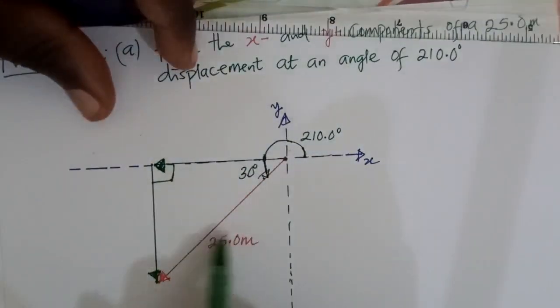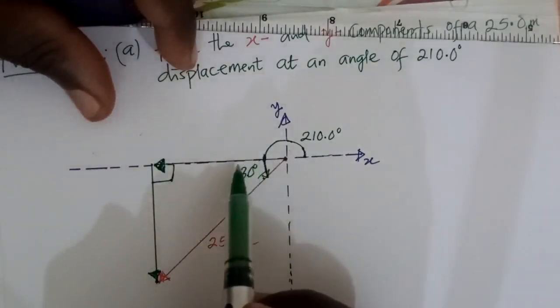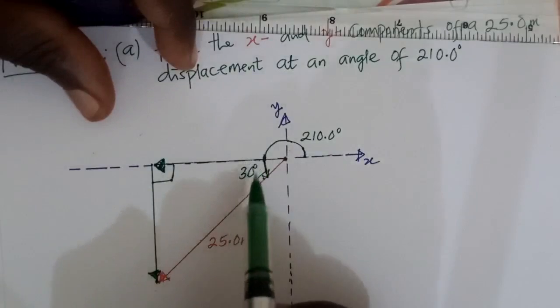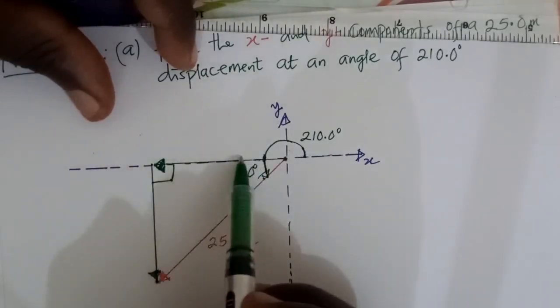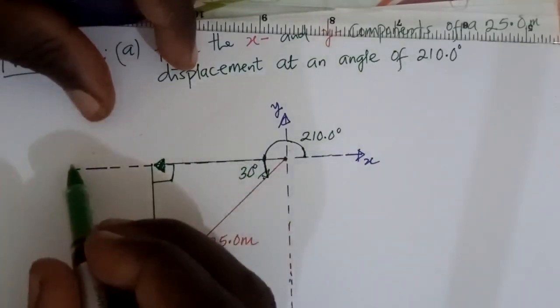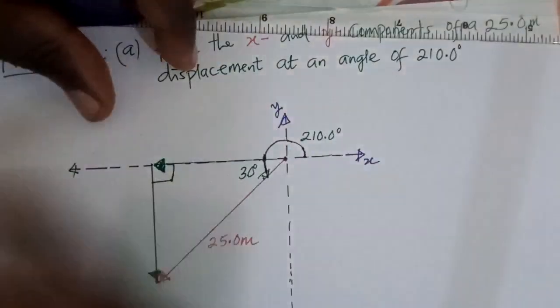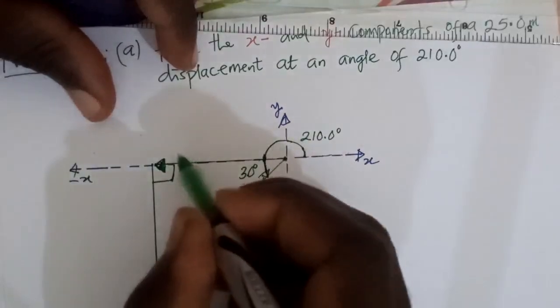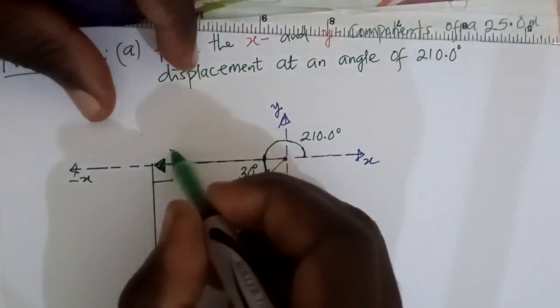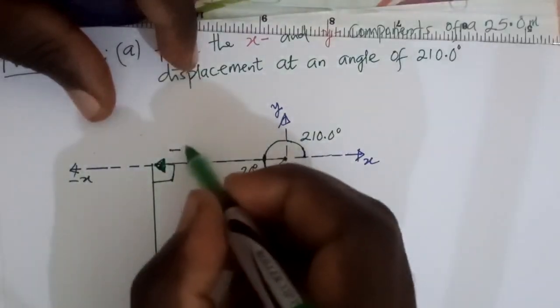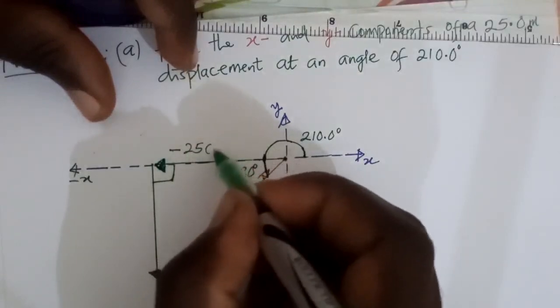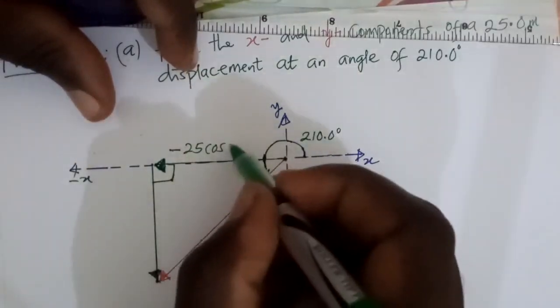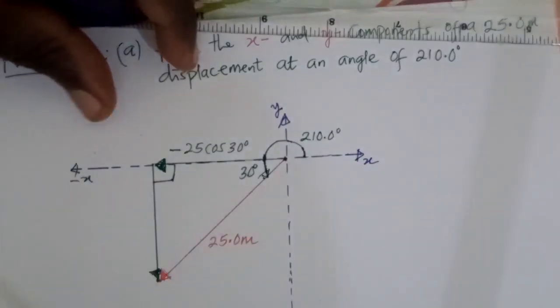We take the magnitude of this and multiply it by the cosine of this angle. That will give us the x component. And since this is directed along here, opposite, this is minus x here, so what we will have here will be negative. So we have negative, then we take our 25 and say cos of this angle, 30 degrees.